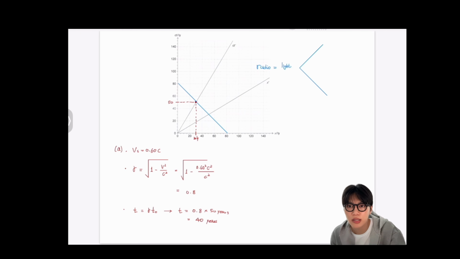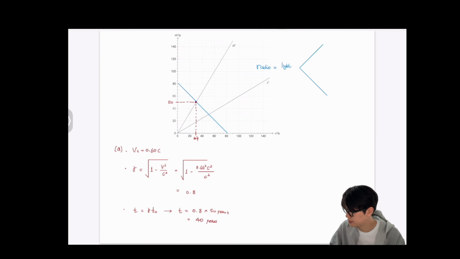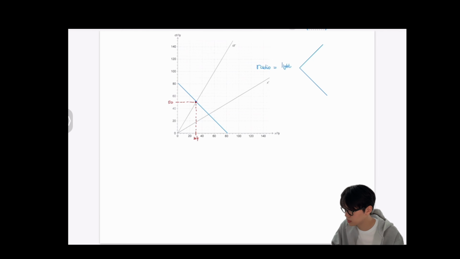And question B2, they said determine, using the space-time diagram or otherwise, the time of travel of the signal according to S. So I solve in here. Now we have to find the time of travel of the signal according to S. If you think about the first frame, x1 and ct1, they have 30 light years and 50 light years.